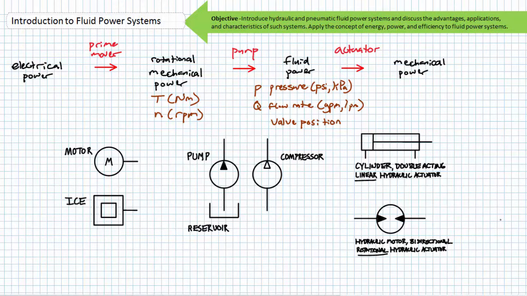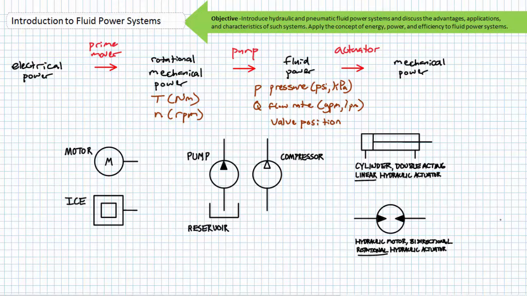Its schematic symbol has arrows pointing into it, meaning it is consuming fluid power and converting it to rotational mechanical power. Note if the hydraulic motor is bidirectional, i.e. you can spin two opposite directions, it'll have two arrows pointing in opposite directions. Again, the arrows indicate that the hydraulic motor is consuming fluid power from our system, whereas the arrows in a pump indicate the pump is providing fluid power to our system.